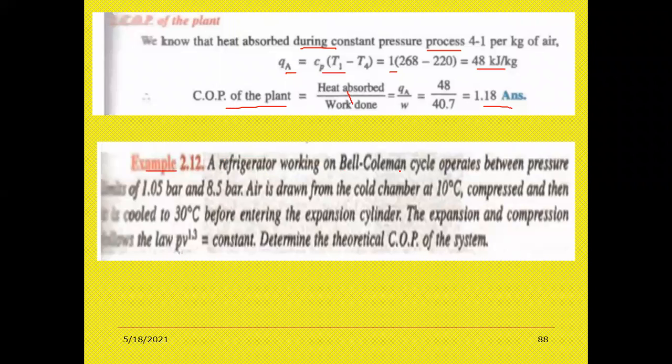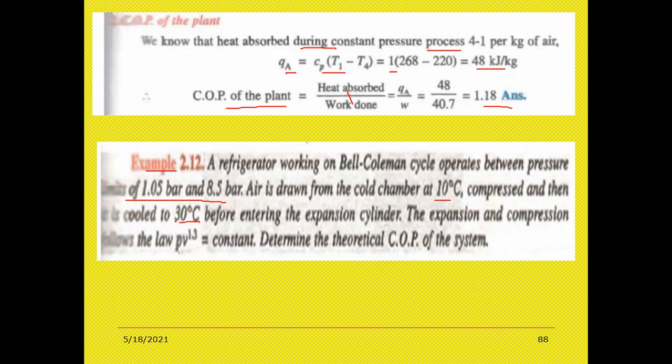A refrigerator working on the Bell-Coleman cycle operates between the pressure limits 1.05 bar to 8.5 bar. So which is the higher one here? This is P3 and P2, and this one is P4 and P1. Air is drawn from the cold chamber at 10 degrees, compressed, and then it is cooled to 30 degrees before entering the expansion cylinder.